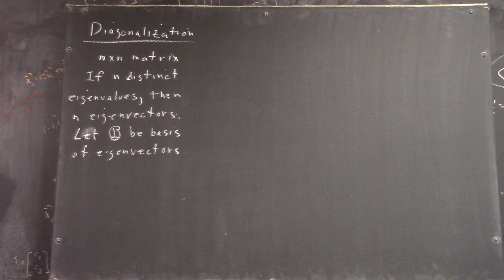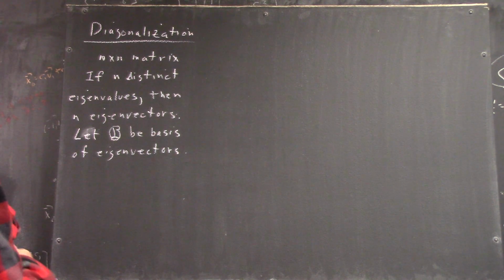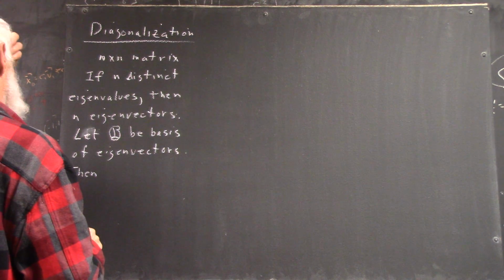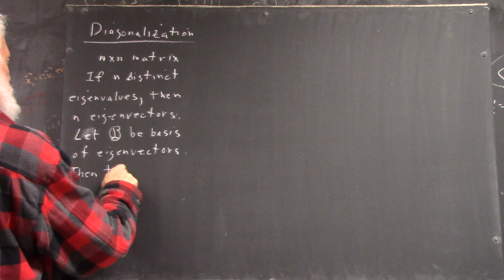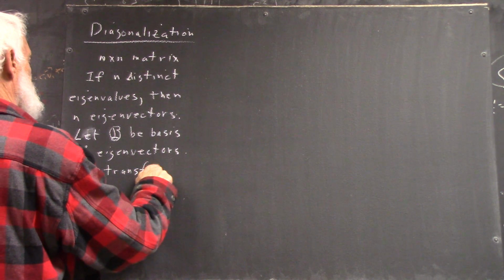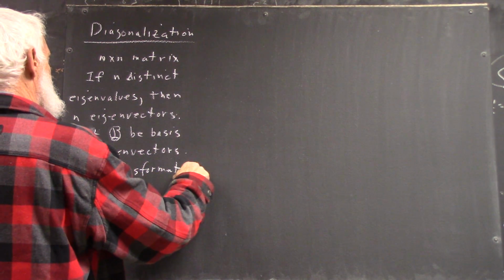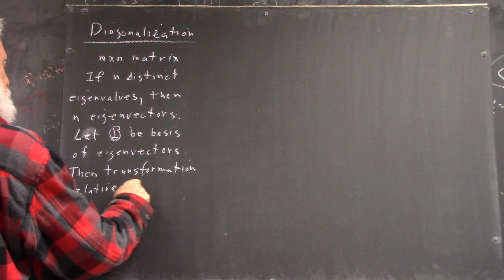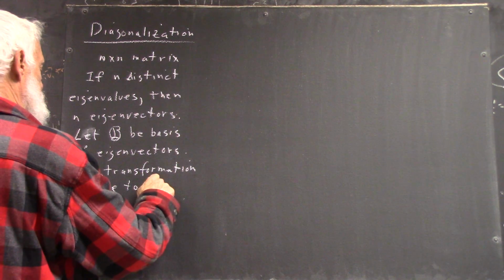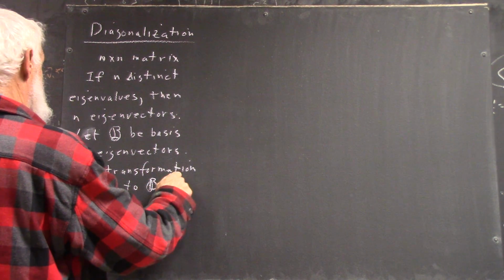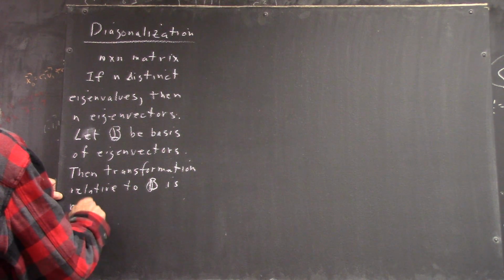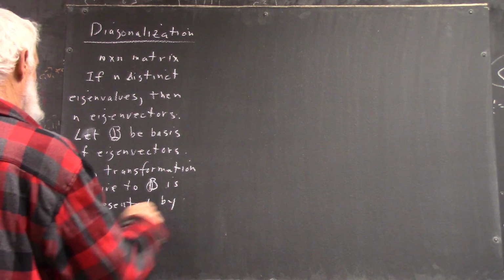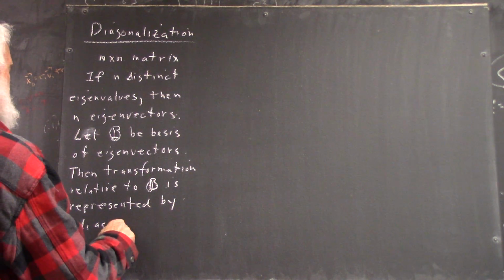Let B be the basis of eigenvectors. Then your transformation relative to that basis B is represented by a diagonal matrix.